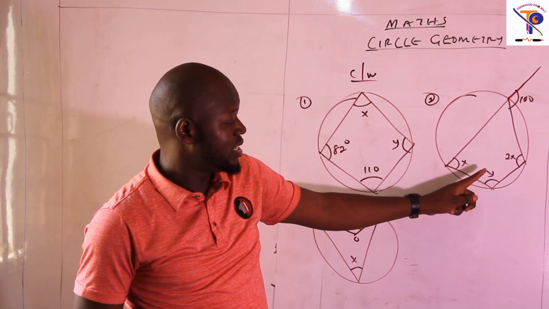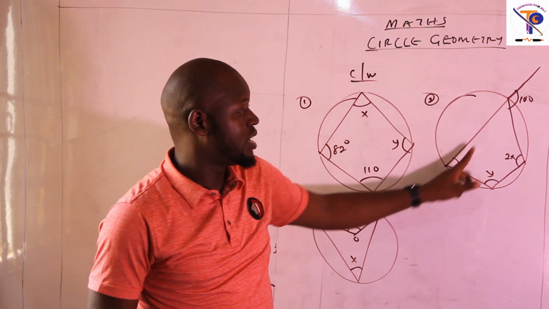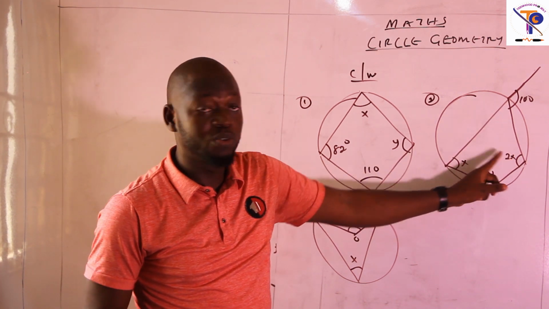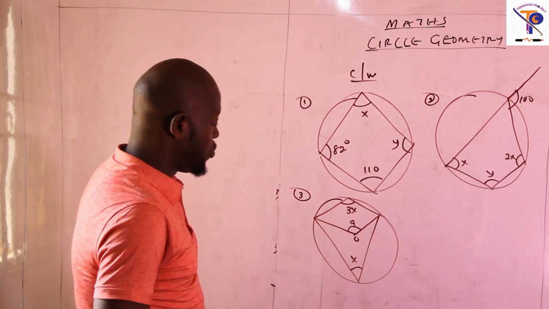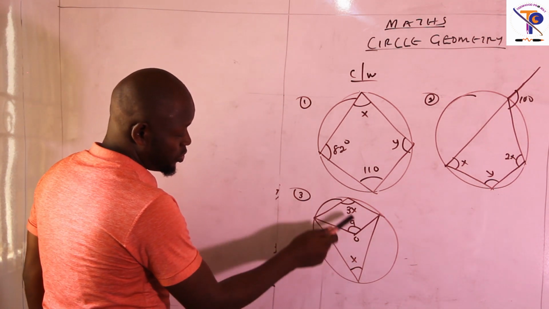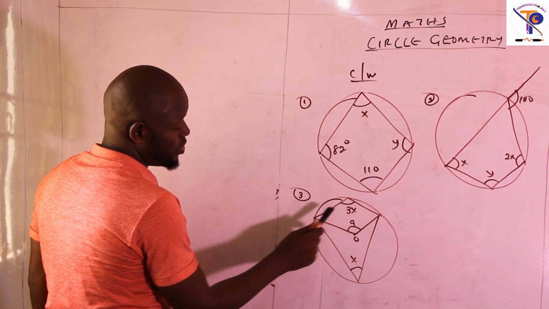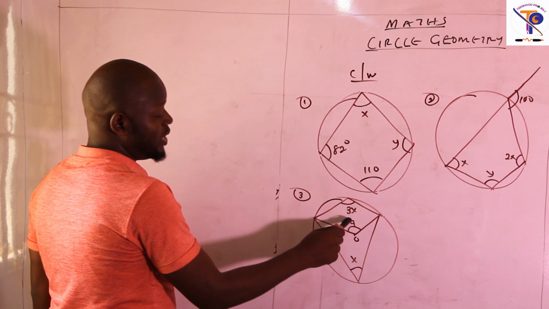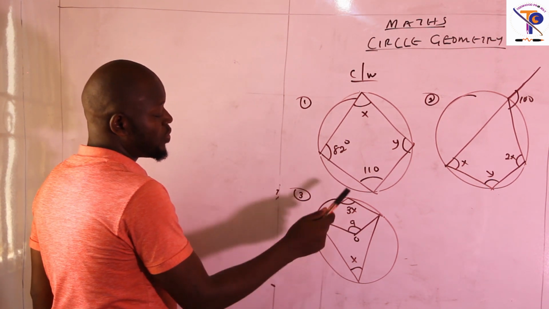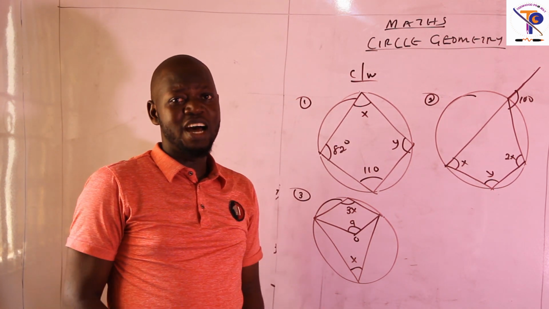Then this one and this one, because of the cyclic quadrilateral, you have them 1, 2, 3, and 4 here. This one and this one will be equal to 180, supplementary. And here, look at this picture. This one and this one too are cyclic. If we get x here, then we can get this one from our second theorem that says angle at the center is twice angle at the circumference. So I've given you simple questions. Try them out and let's see what you have.